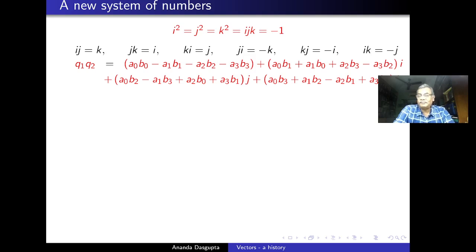Given a complex number z, x plus iy, you just form what is called its complex conjugate, something with the same real part but negative imaginary part, x minus iy.